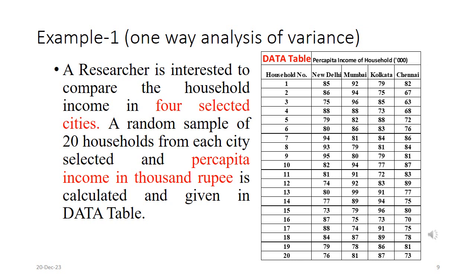Here, one of the assumptions is that the per capita incomes of the 4 cities are different, and the households selected within the cities are chosen on the basis of a statistical procedure which satisfies the representation of the total population.